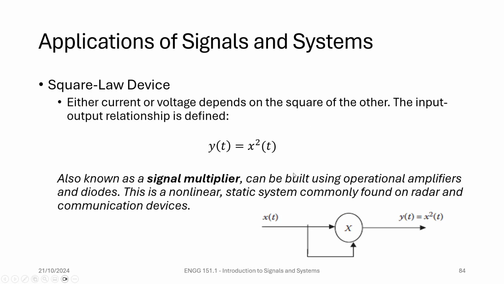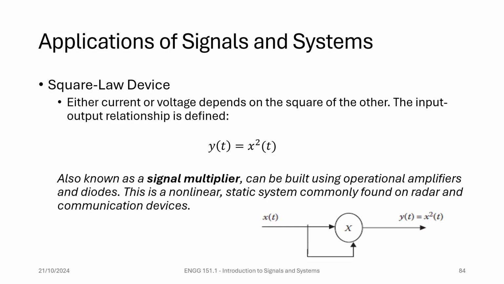We also have the square law device. When we say square law device, either current or voltage depends on the square of the other. Here y of t is equal to x squared of t. This is also known as a signal multiplier, which can be built using operational amplifiers and diodes. Since this is a square law device, a signal multiplier, this is a nonlinear static system commonly found in radar and communication devices.